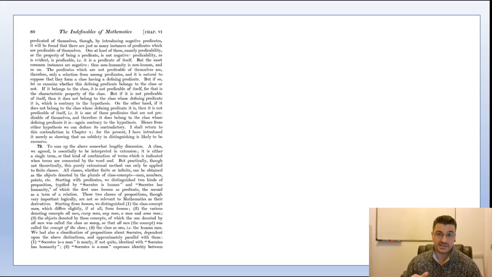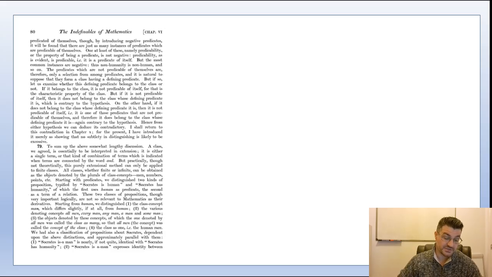Not on a strict level we can't. We do need to make a distinction, but on a less formal level we can just use them interchangeably. 2, the various denoting concepts: all men, every man, any man, a man, and some man.